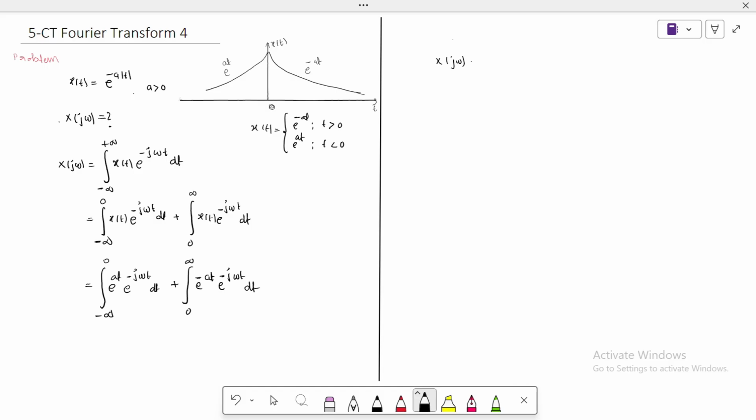So X of j omega equals the integral from minus infinity to 0 of e power (a minus j omega) t dt, plus the integral from 0 to infinity of e power minus (a plus j omega) t dt.